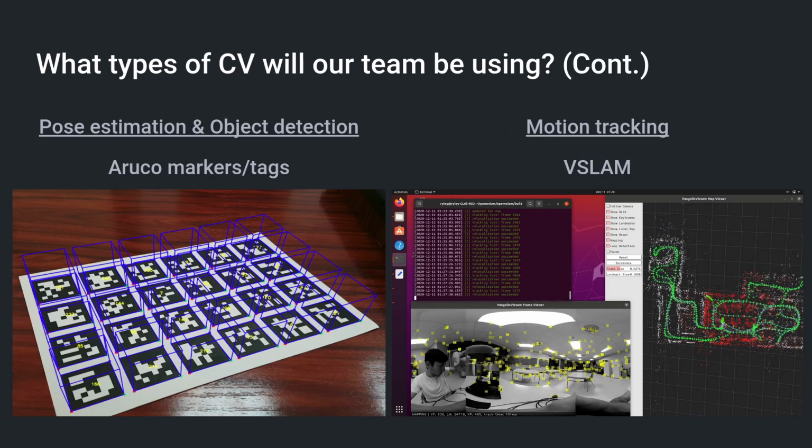On the left here, you can see what we're using for pose estimation and object detection. These are called ArUco markers or ArUco tags. And then on the right, we're using motion tracking with VSLAM, which is Visual Simultaneous Localization and Mapping. And these will be explained in the next couple slides.